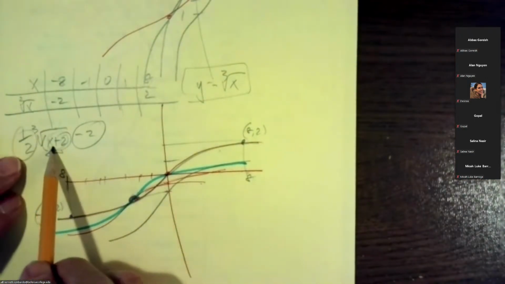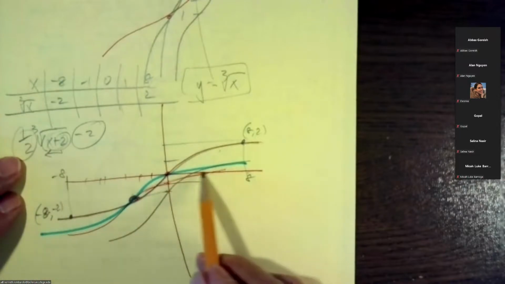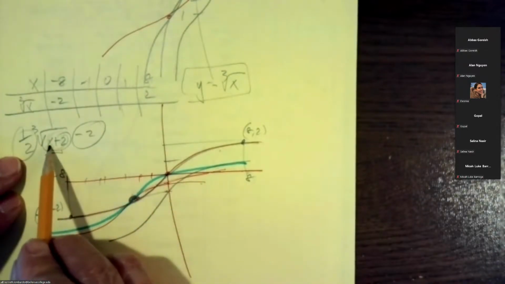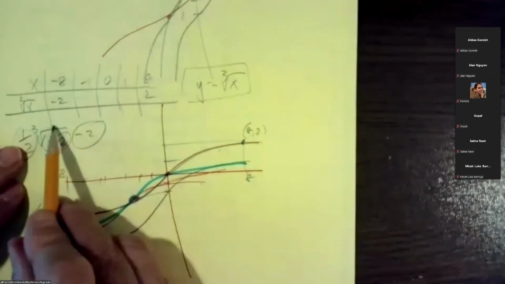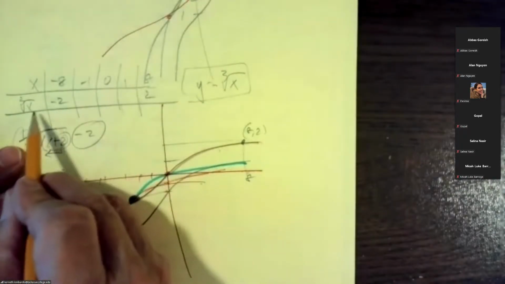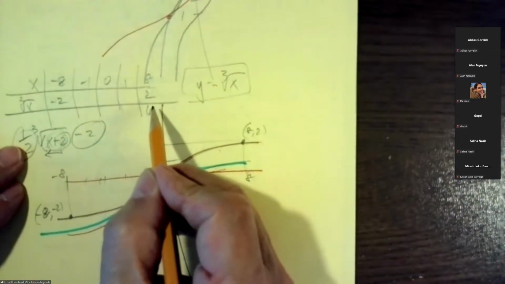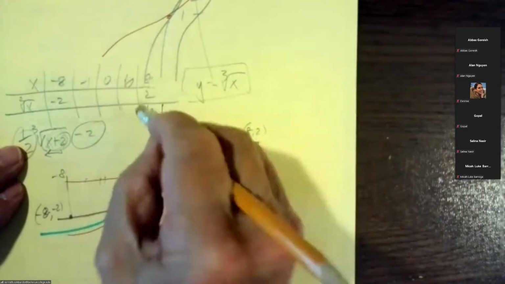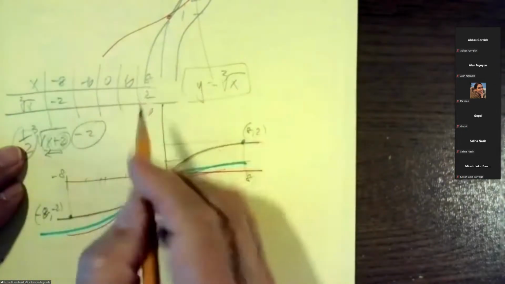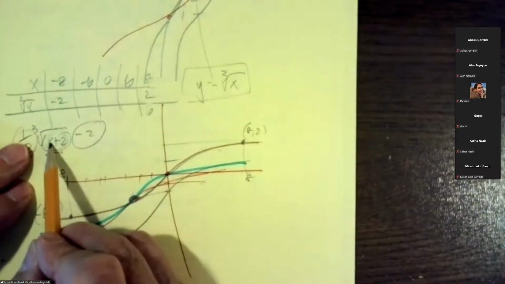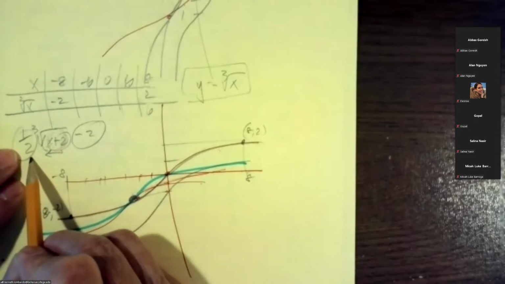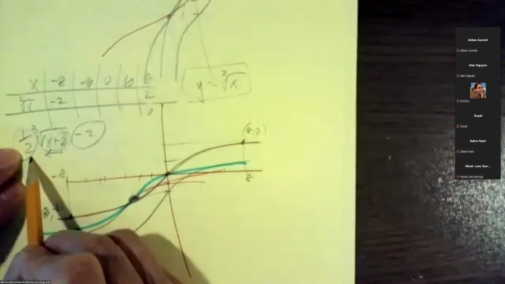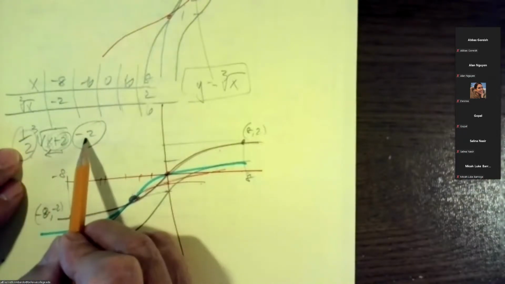So let's say x is 6. Let's put a 6 right there, and negative 6. So if x is 6, 6 plus 2 is 8, cube root of 8 is 2. And then we're going to take half times that. So half times 2 is 1. And then we subtract 2 from that, we'd get negative 1, wouldn't we?